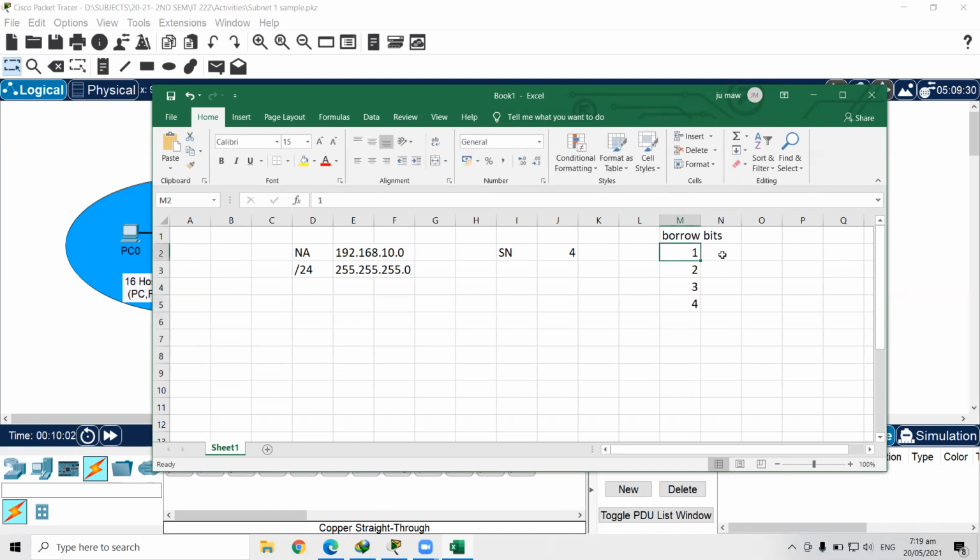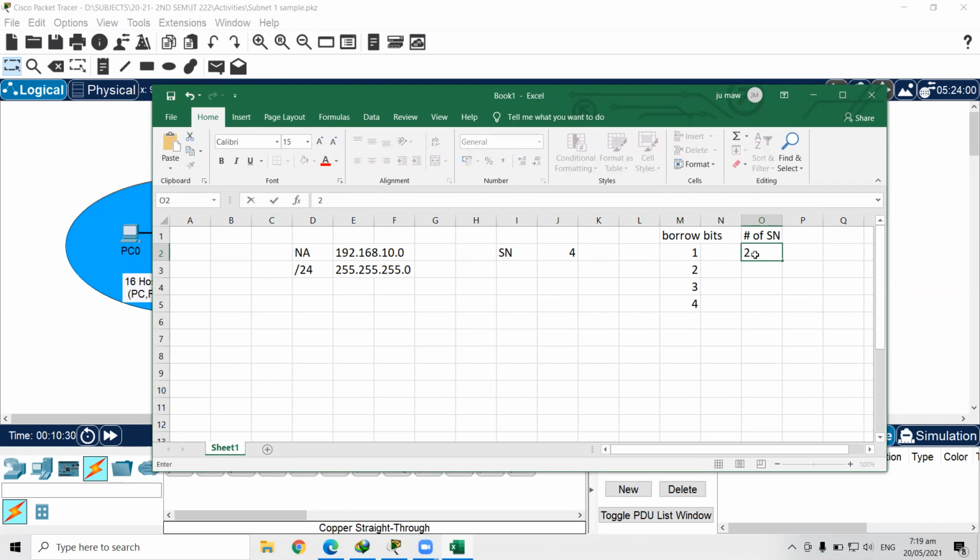Kung 1 bit yung iba-borrow natin, ang magagawa niya is number of subnets. Ilan kaya ang magagawa ng 1 bit?